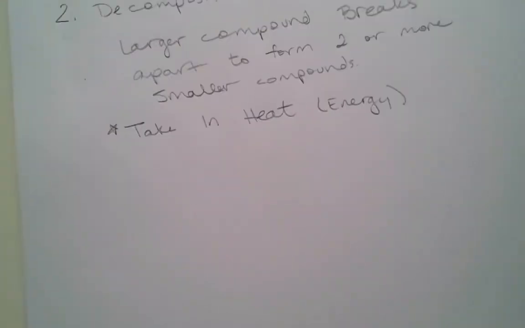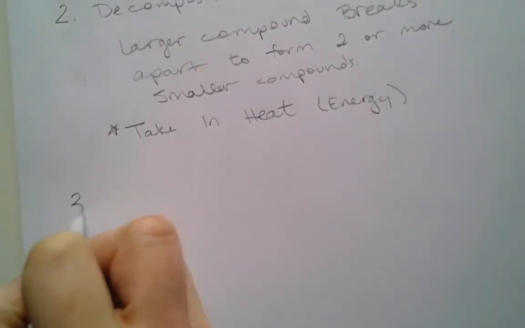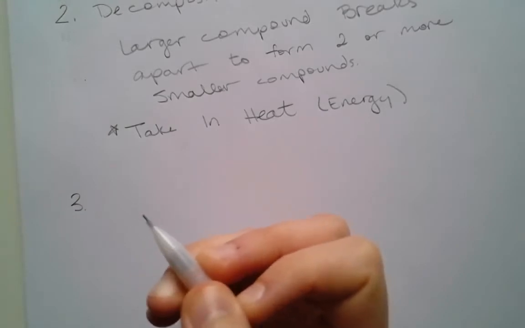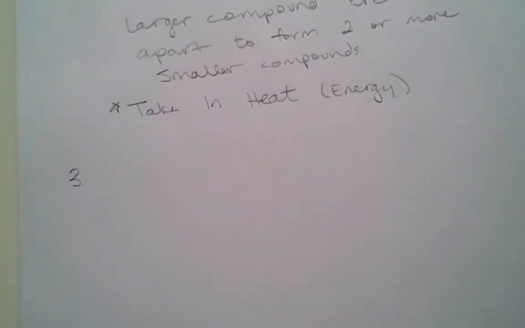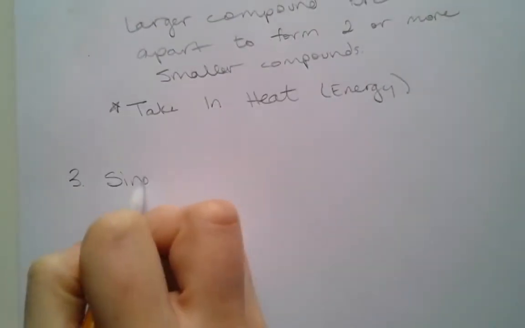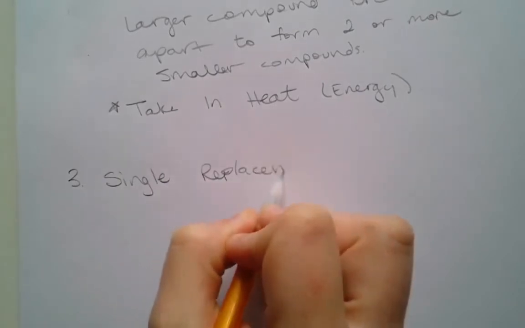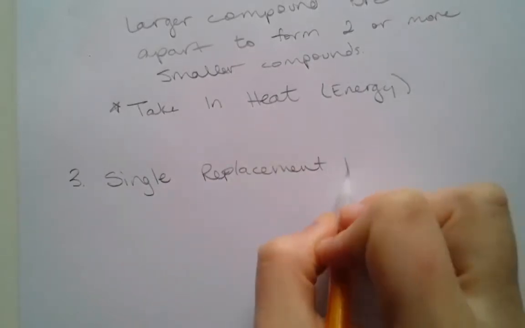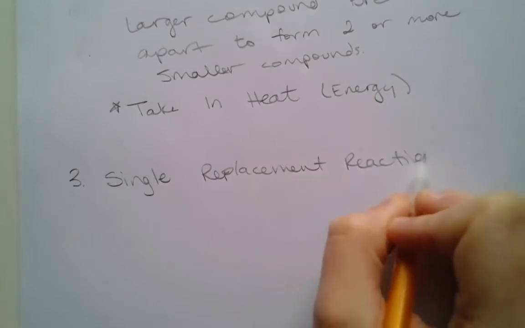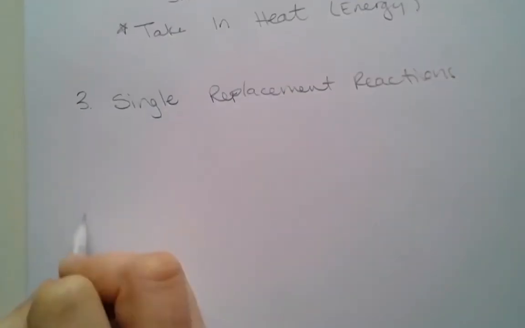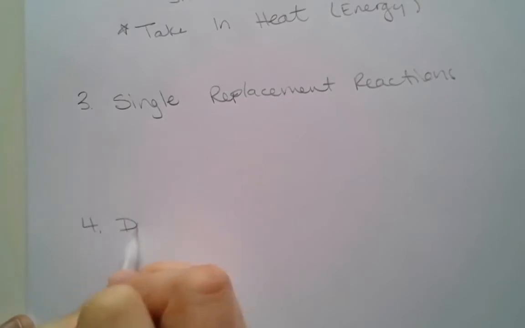These next two are not linked, but they're related to each other. They kind of go together, if you will. Here are their names. Some are single replacement reactions, and some are double replacement reactions.